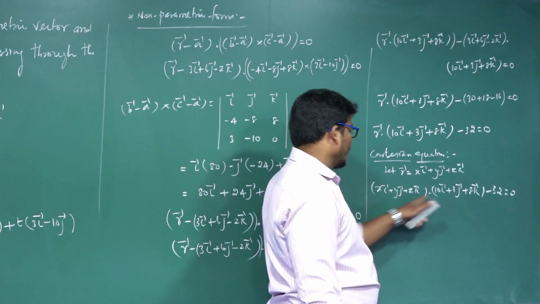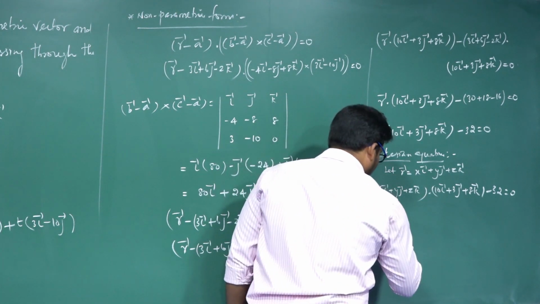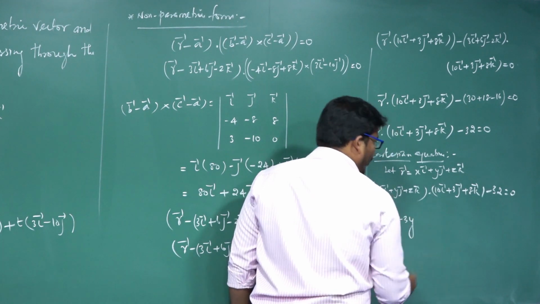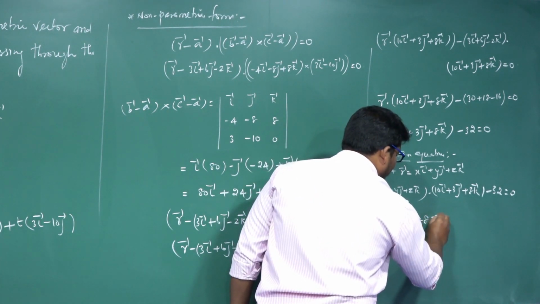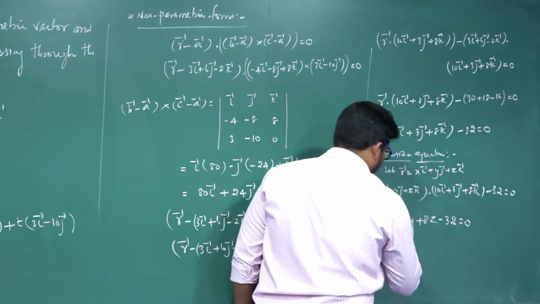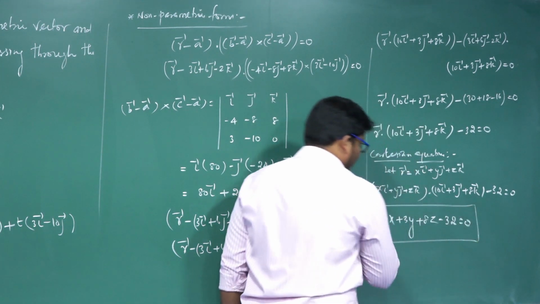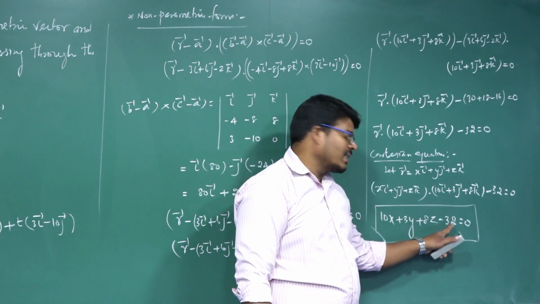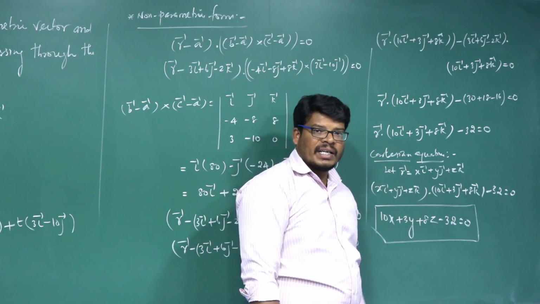Now the dot product of two vectors: 10 into x is 10x, plus 3y, plus 8 into z is 8z, minus 32 equal to 0. 10x plus 3y plus 8z minus 32 equal to 0 is the Cartesian equation of the plane.